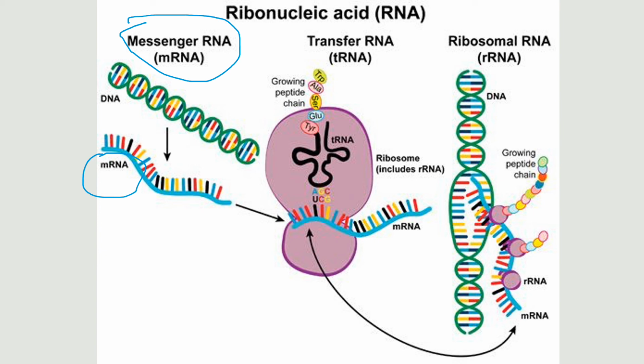That will get fed through the ribosome, where the anticodons on the tRNA are going to read the codons on the mRNA, and that's going to in turn keep adding those amino acids to the growing polypeptide chain. And these red circles here, that's showing that the rRNA is being formed, which will in turn build those ribosomes.